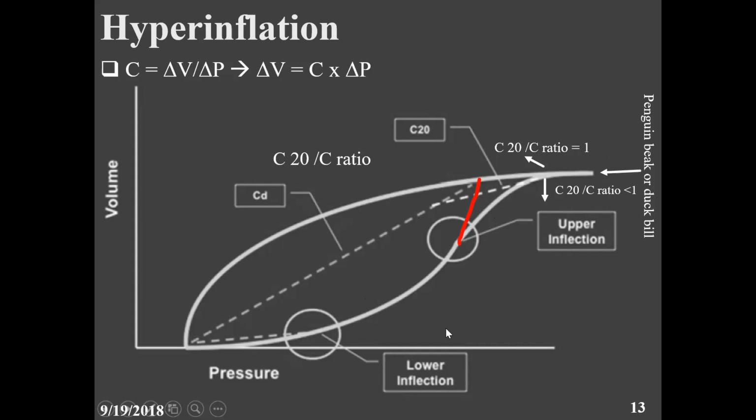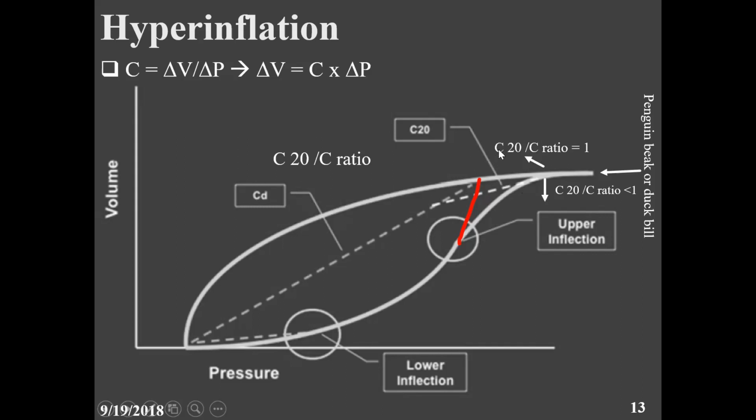Do you understand this? So this is the compliance dynamic. This is the line from the start of PIP until the opening pressure. This is the line from the end of inflation, parallel to this line, until it touches the C dynamic. The longer this one, the bigger the C20, or the last 20% of the inflation.